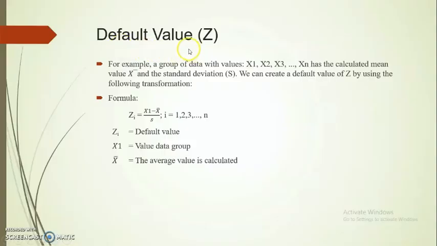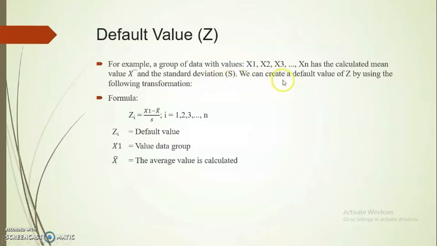Standard value. One of the important benefits of calculating the mean value and standard deviation is that both values can be used to make a data transformation that produces standard values. For example, a group of data with values x1, x2, x3 until xn has the mean value x bar and the standard deviation s.